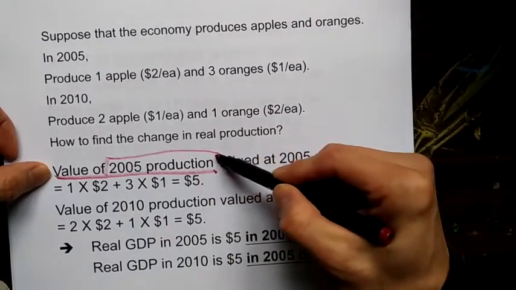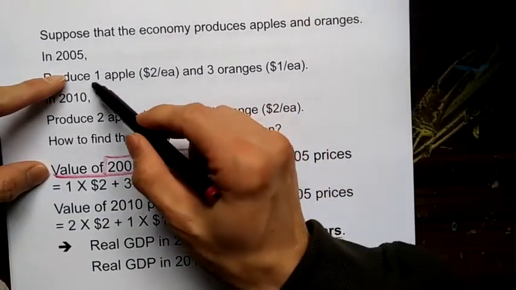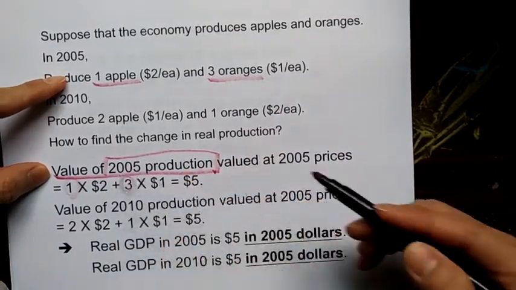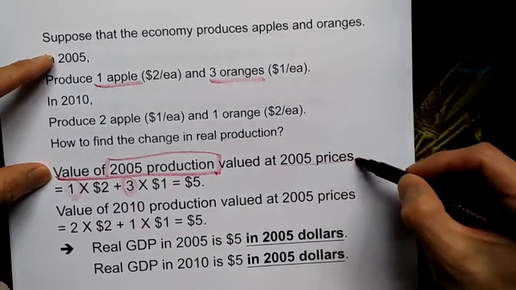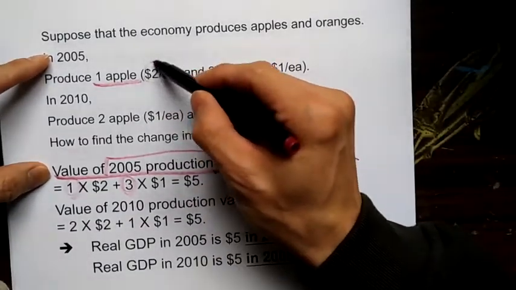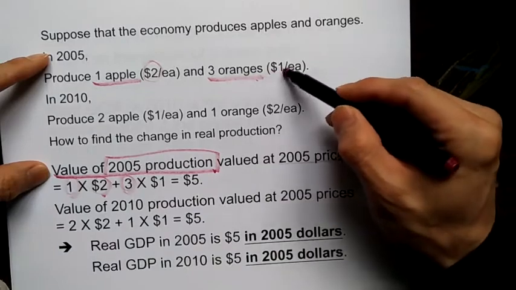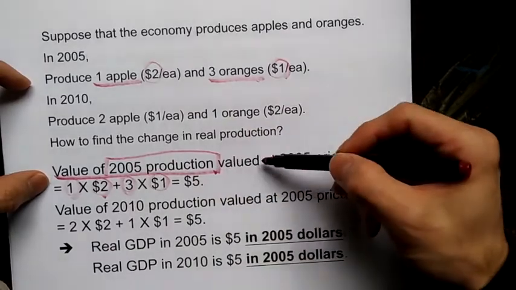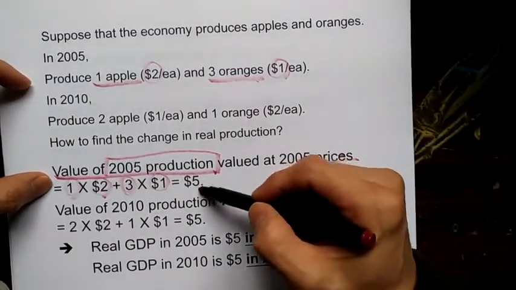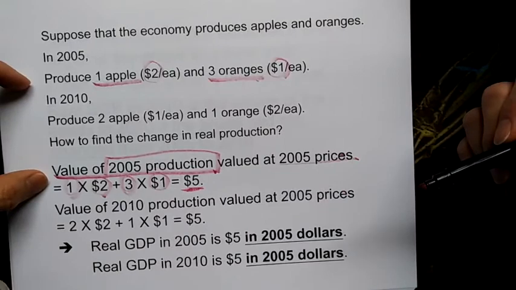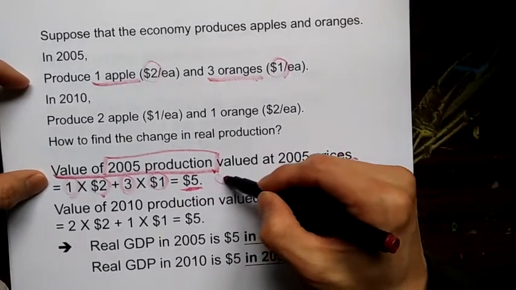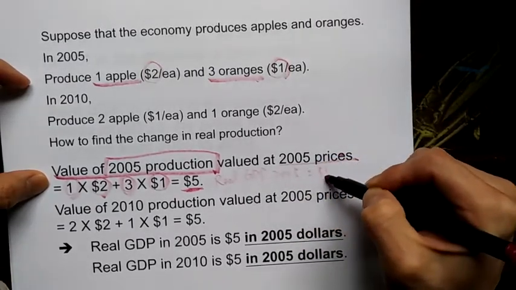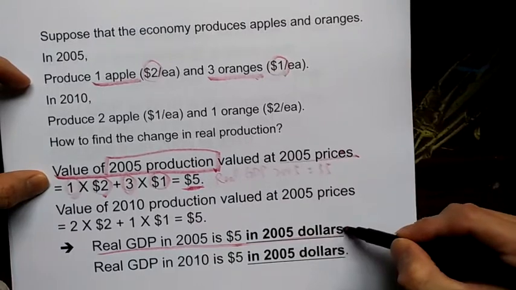Well, what is the 2005 production? 2005 production is 1 apple and 3 oranges. 2005 price, apple is $2 each, oranges is $1 each. So the value of 2005 production value at 2005 price is $5. So we say real GDP in 2005 is $5. In 2005 dollars.